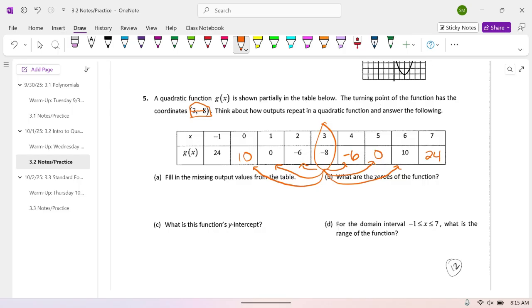So does that kind of clear it up? Was that the issue? Okay. So you just had to realize that they're symmetrical. So since we have the vertex, if you looked at the x values, they're actually the same distance away from the vertex. So 2 and 4 are both 1 away. 1 and 5 are both 2 away. 0 and 6 are both 3 away. Negative 1 and 7 are both 4 away.